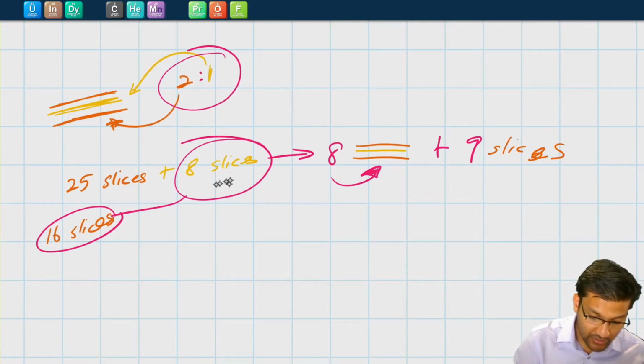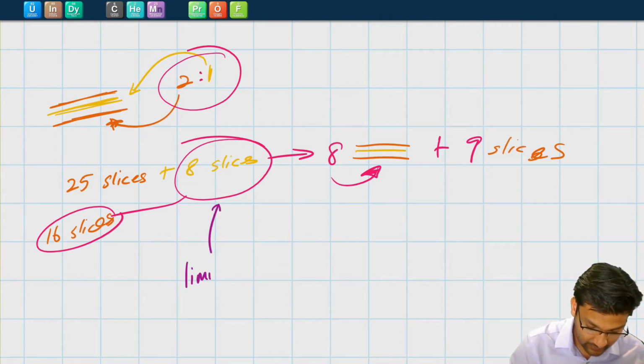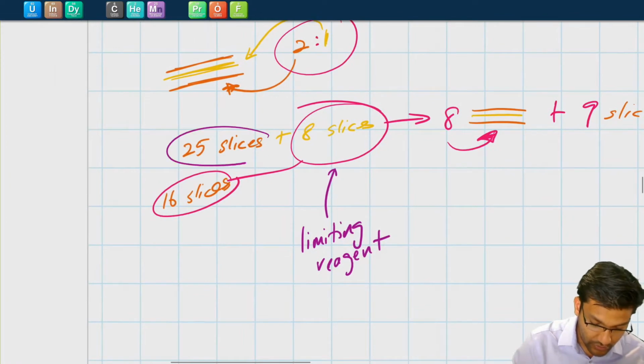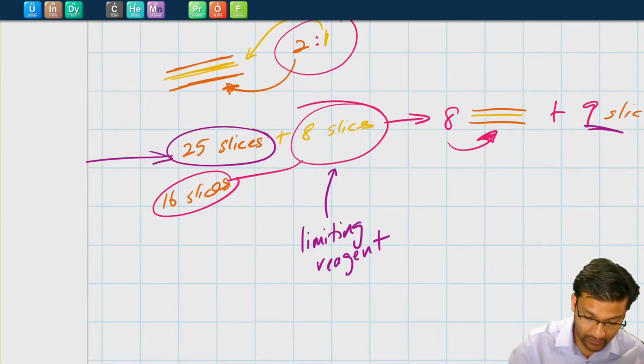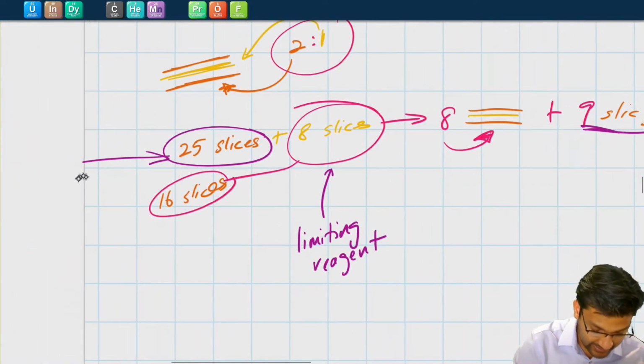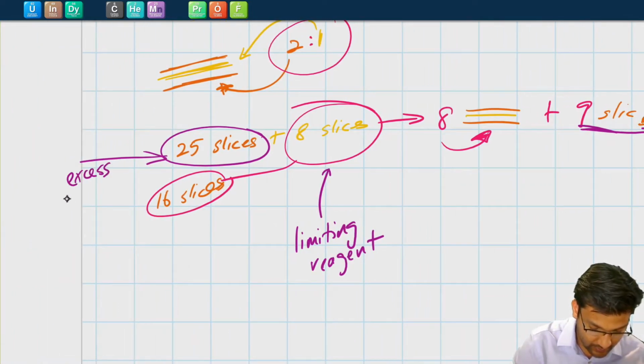Because you used up all of the slices of cheese, this becomes your limiting reagent. Your bread, which still has some left over, is your excess reagent.